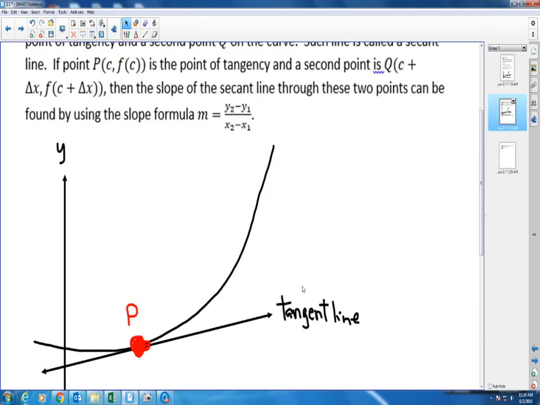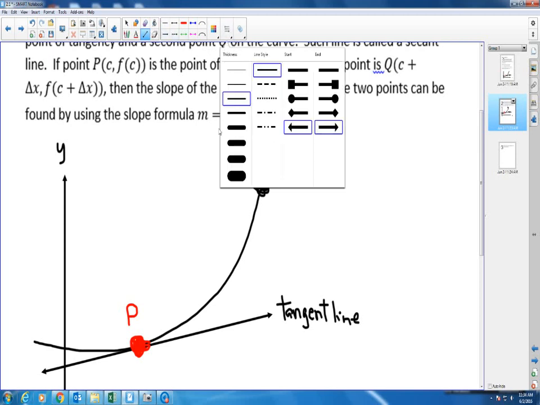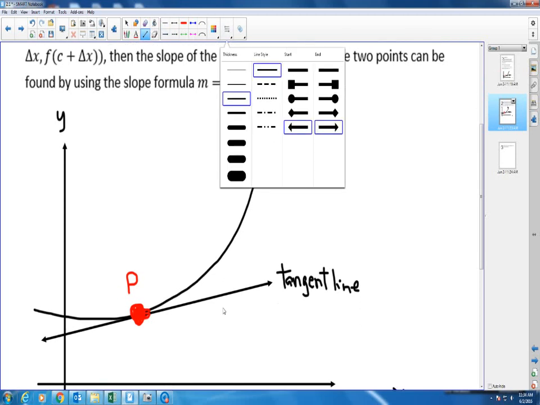Let's say we pick another point called Q somewhere along this curve. This is your point Q. And we're going to draw another line that will cross this curve at two points. That would be called a secant line.